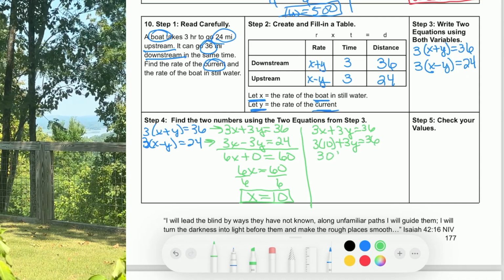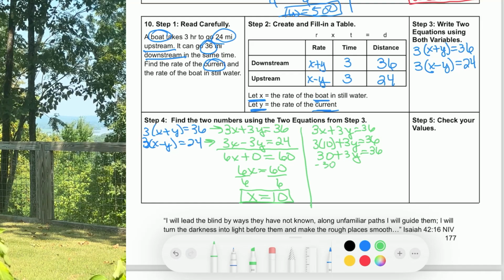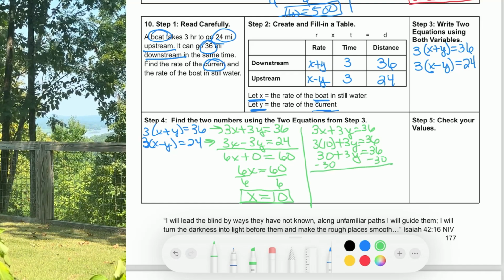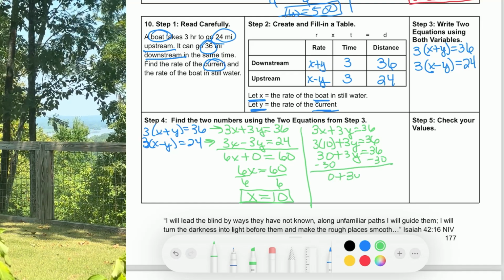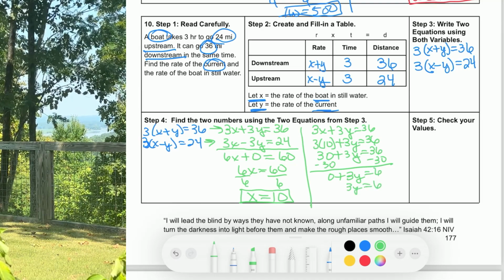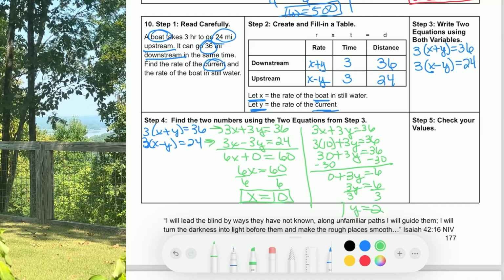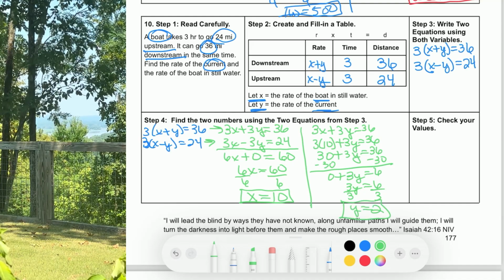That becomes 30. I'm going to subtract that 30 from both sides. And it was 0 plus 3y equals 6. So 3y equals 6. Divide both sides by 3, and I get y equals 2. So the rate of my current is 2.